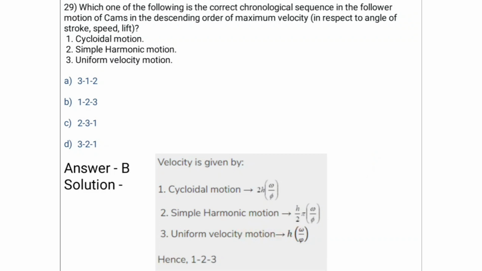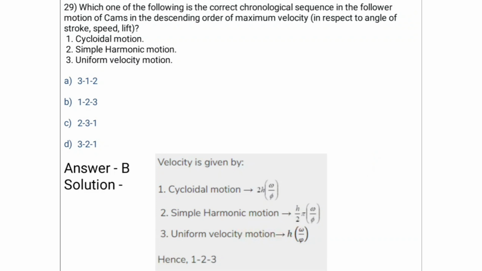So from that calculation, the descending order is the matching option 1, 2 and 3. Cycloidal motion comes first, then simple harmonic, then uniform velocity motion.